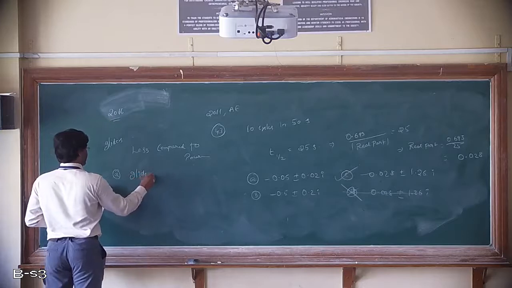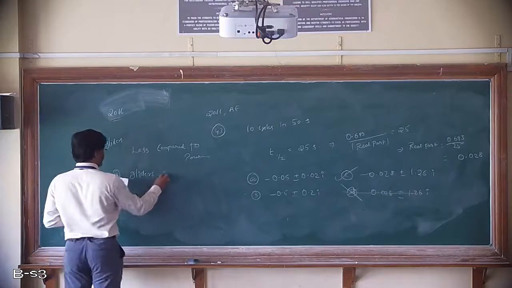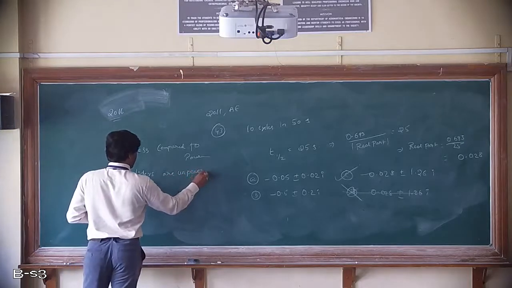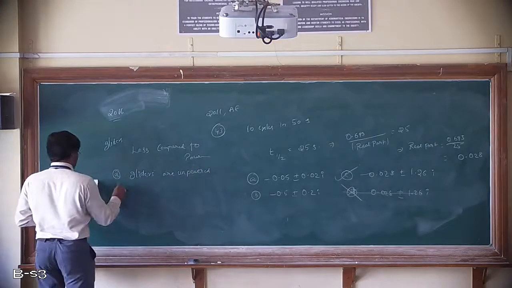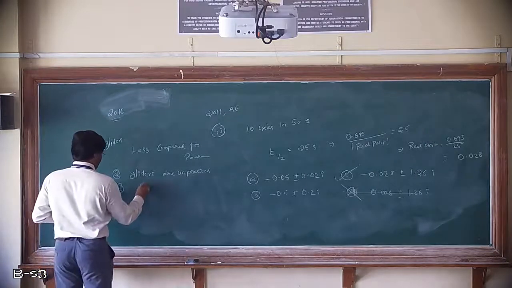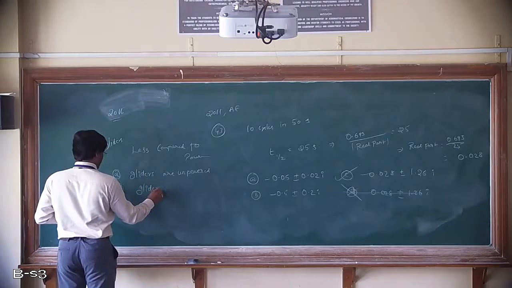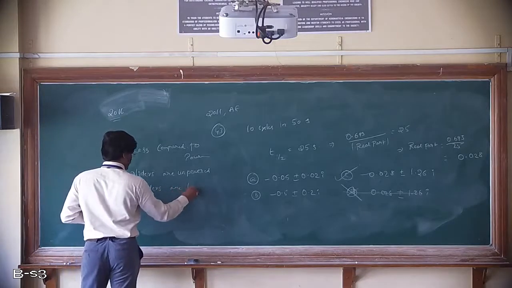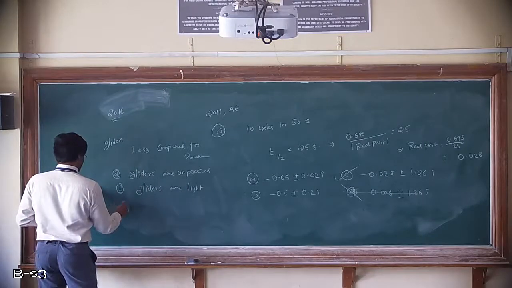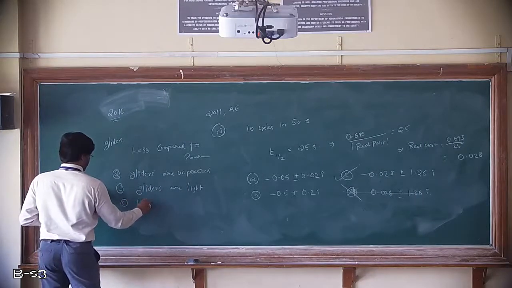Compared to powered aircraft, because: option A, gliders are unpowered. Option B, gliders are light.